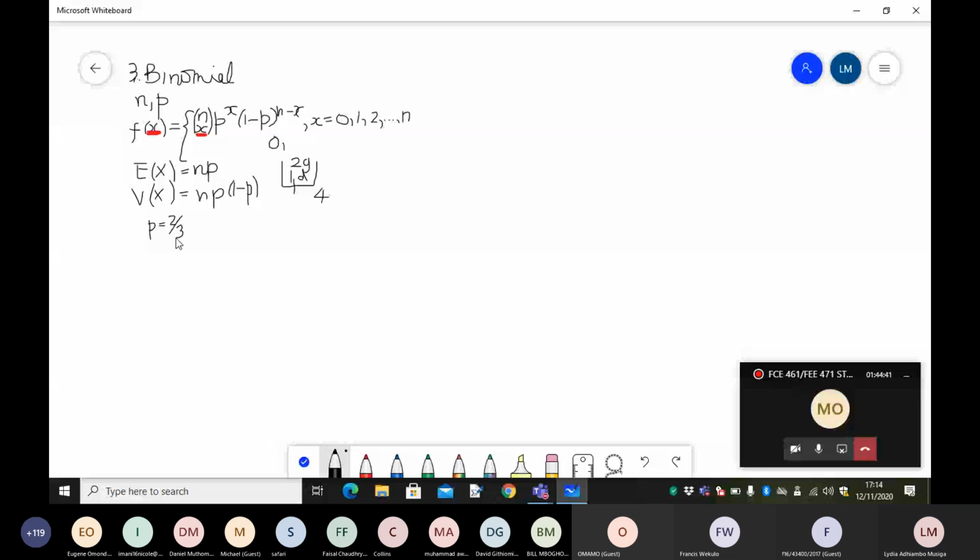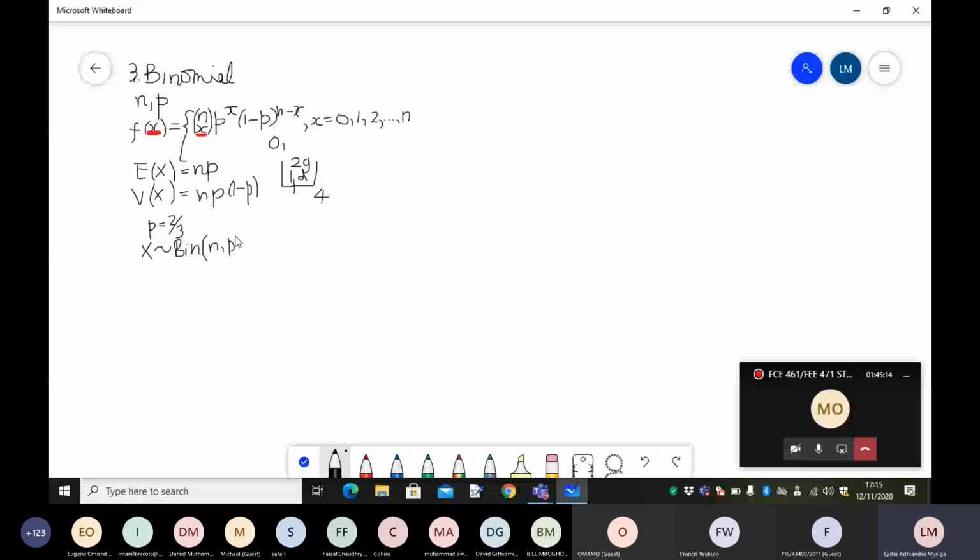So our random variable X is binomial(n, p). Remember we had said that the binomial distribution has parameters n and p.